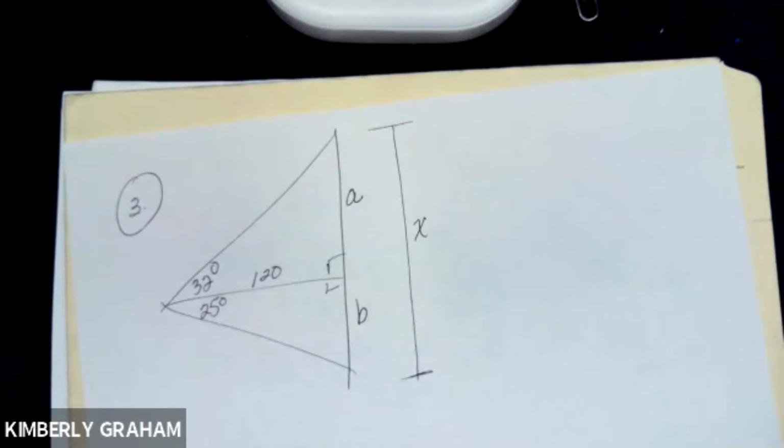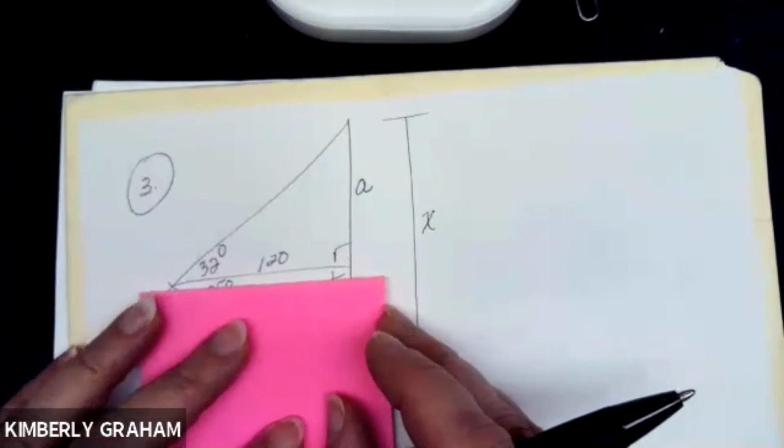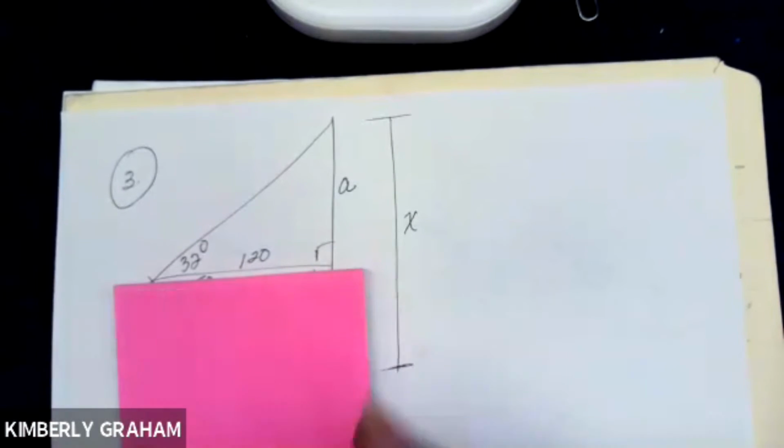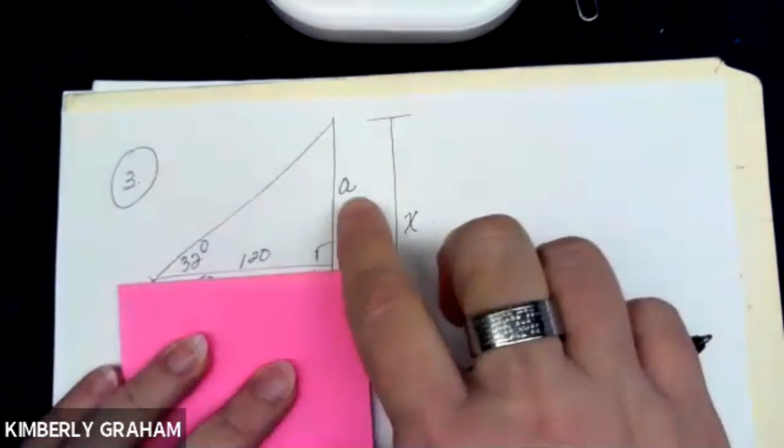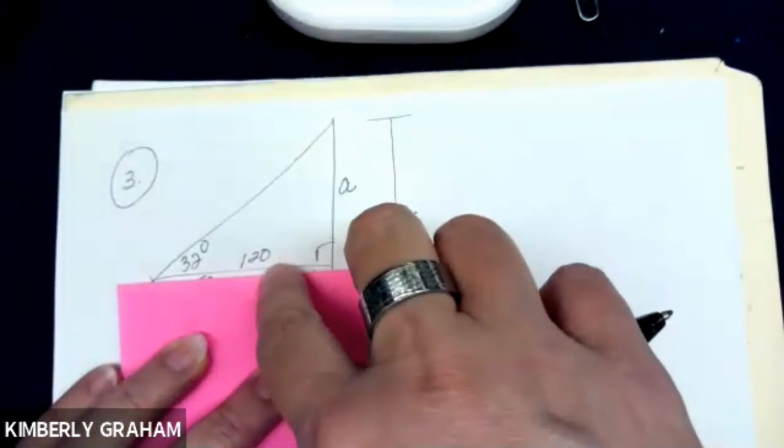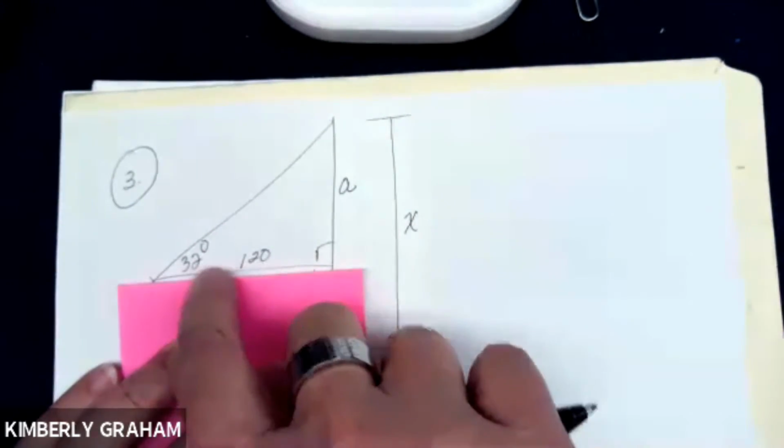Let me see here. If I'm just looking at that right triangle that's on the top part of my picture, I'm looking at opposite and adjacent sides.